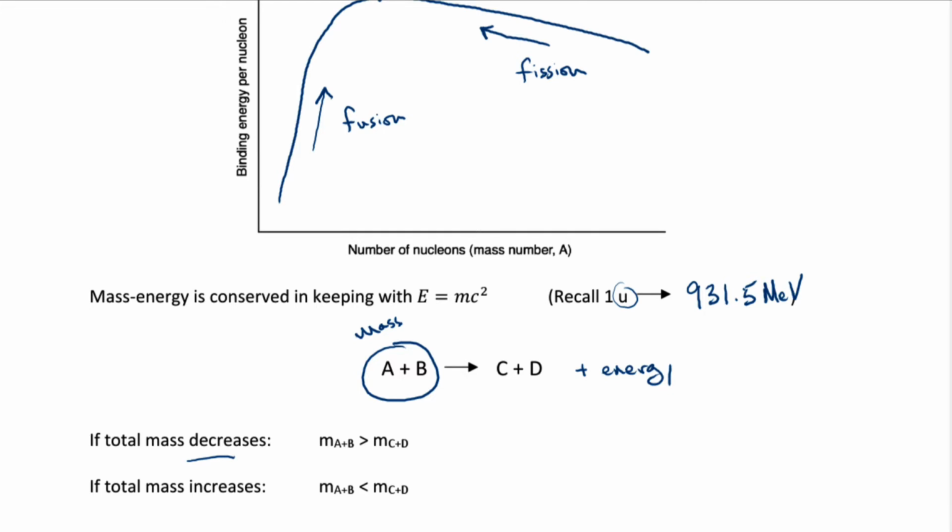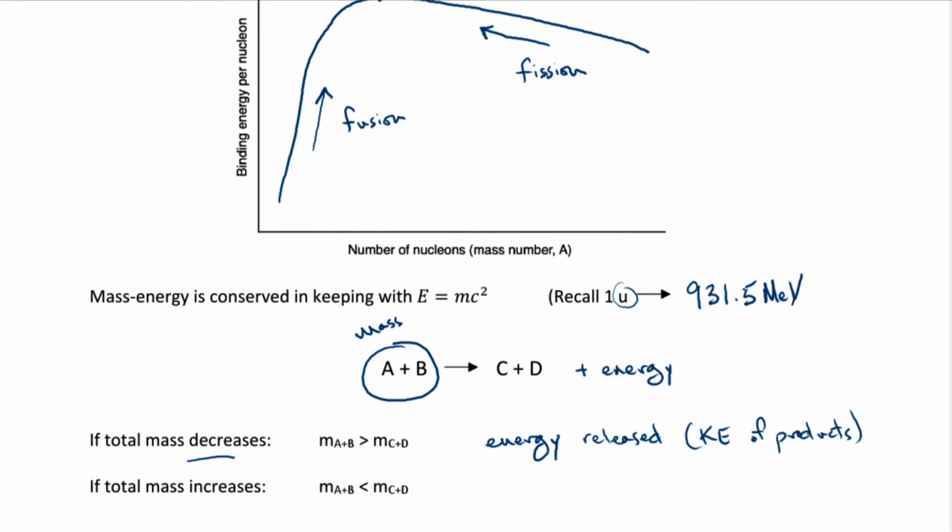Energy would be released, and that would be released as the kinetic energy of the products. So if we have a more massive set of reactants than products, then energy will be released, as the kinetic energy of the products. And this is what we're going to see in both fission and fusion, and that's why energy is released, specifically because total mass is decreasing and mass and energy on both sides have to balance.